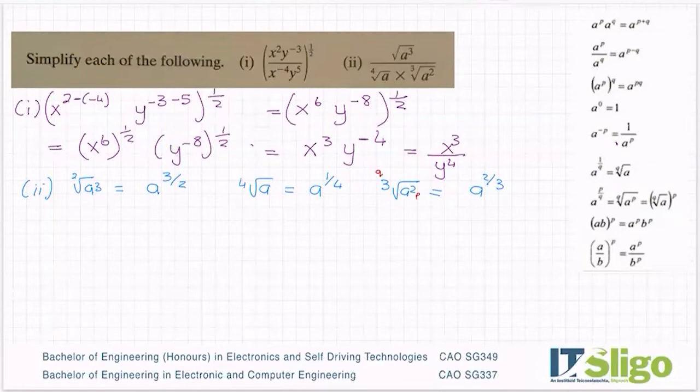Right, so let's fill them into our equation now in the right place. So root a cubed is on top, so that's a to the power of 3 over 2. And on the bottom, I have 4 root a, so that's a to the power of a quarter, multiplied by 3 root a squared, a to the power of 2/3.